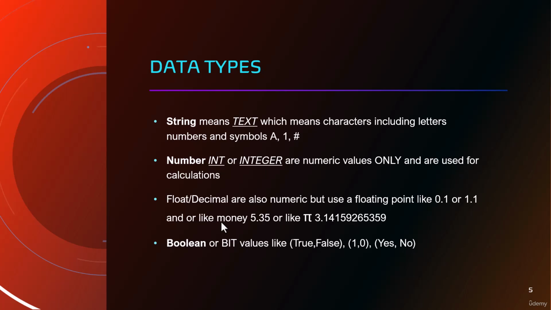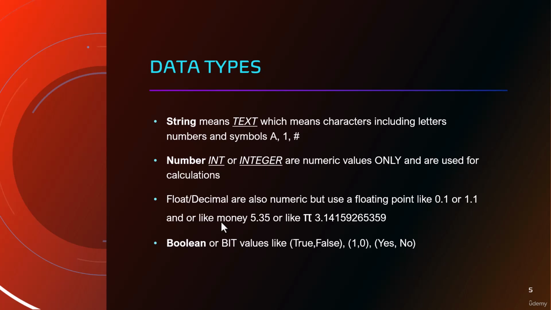The last one to understand, and this one sounds funny for most that are not coming from a programming background, but just think of this as a light switch, okay? It's either on or it's off. And so they come in a couple of different varieties depending on what programming language you're using. They're either true or false, or 1 or 0, where 1 is true or on, and 0 is off.